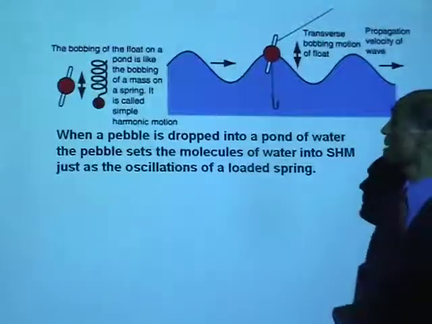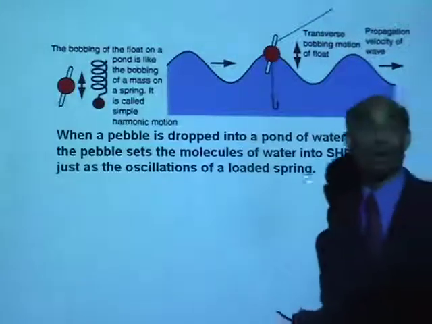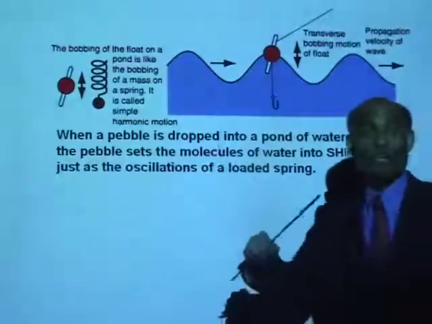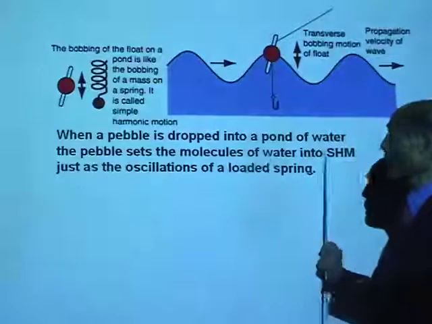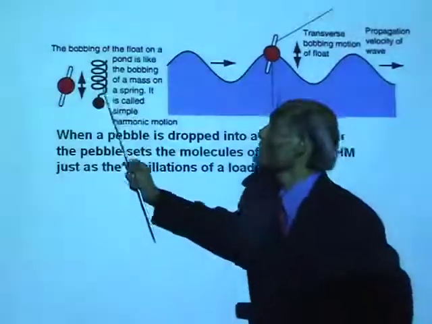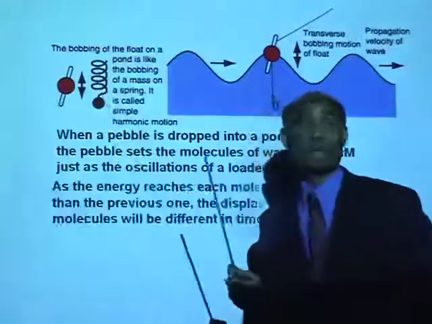Alright, so when a pebble is dropped into a pond of water, the pebble sets the molecules of water into simple harmonic motion, SHM, just as the oscillations of this loaded spring.